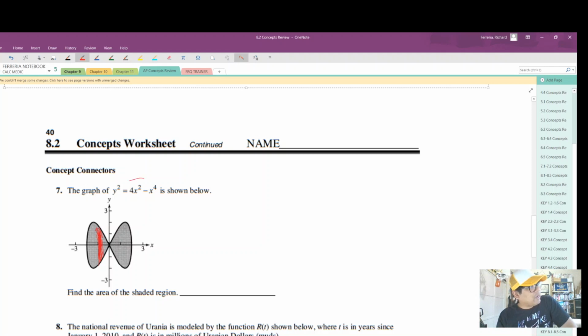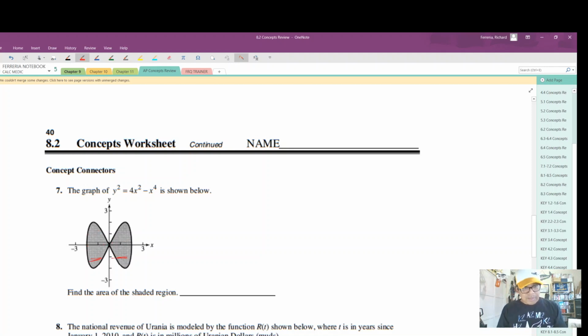And I know it looks like we only have one function here, but remember that you can write this as positive and negative square roots, which we're going to have to do eventually. And if you try to do left versus right, that just gets even muddier, I think. So I'm going to approach this as top minus bottom.